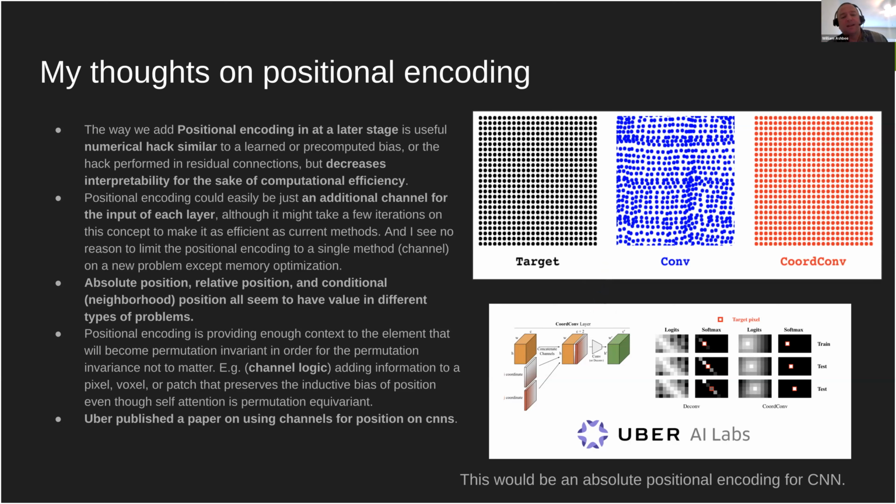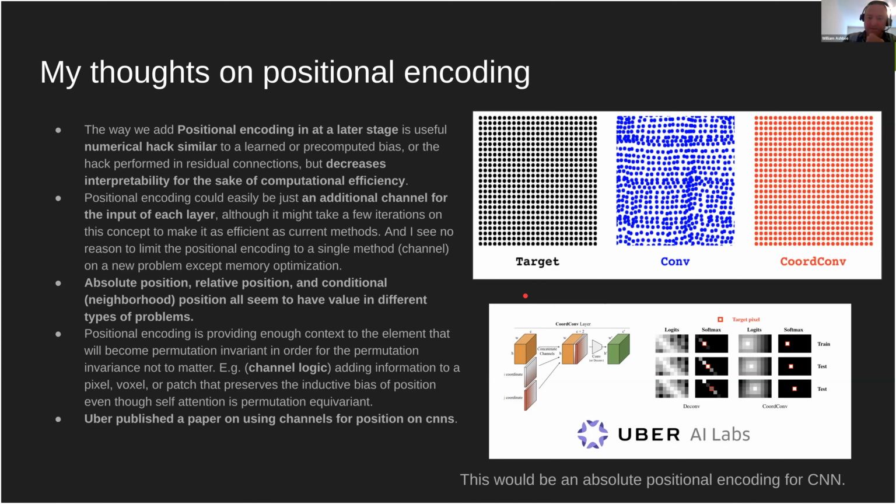If you think of the whole set of channels as one object describing everything you need to know about the pixel, then adding the positional encoding there is more interpretable, and there's precedent for it in this Uber paper.